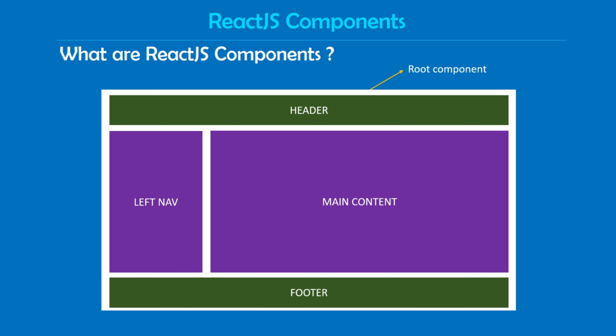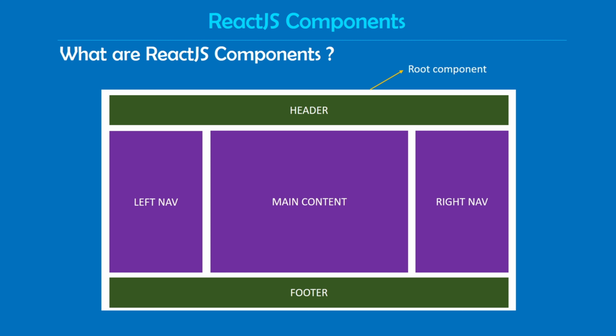All the components come together to make up the entire application, and this is called a root component. These components can also be reusable. For example, the left side nav can also be used as a right side nav. And a component can contain other components.